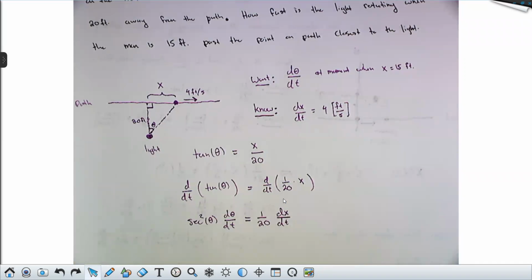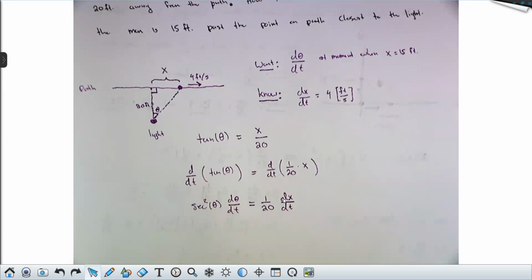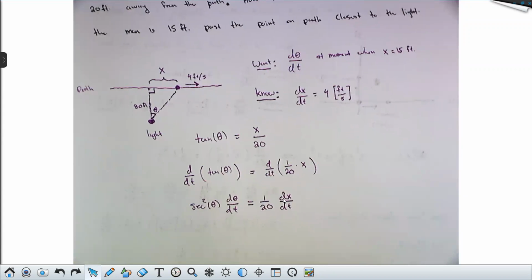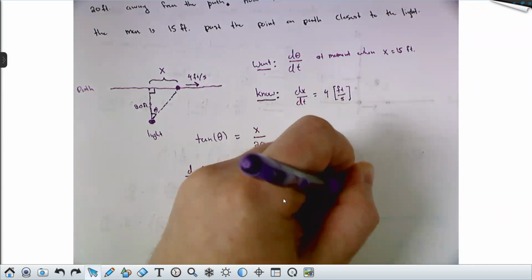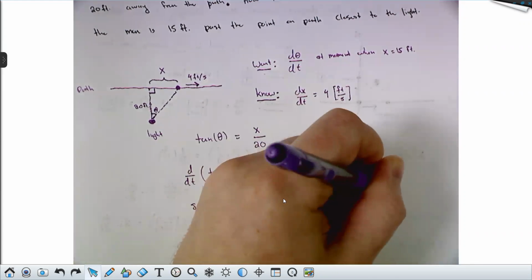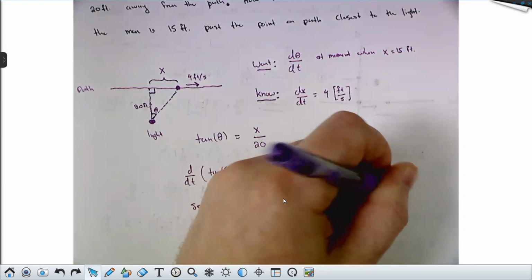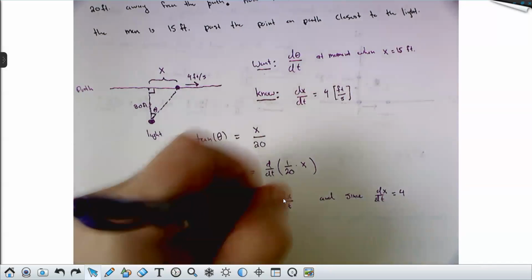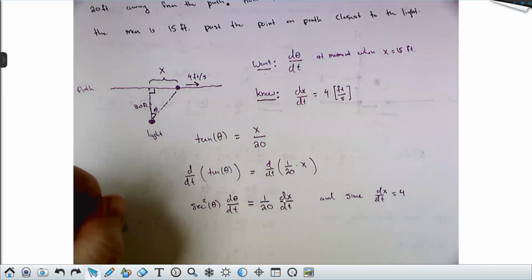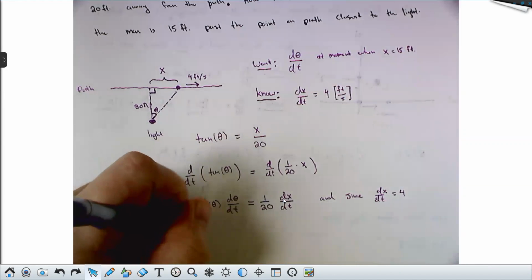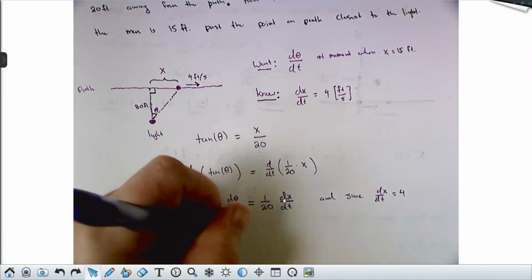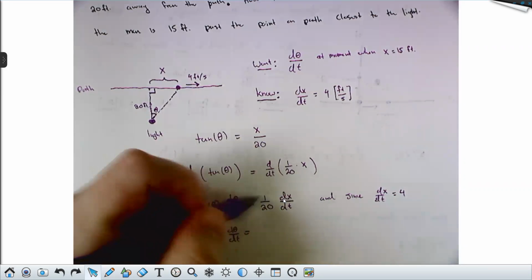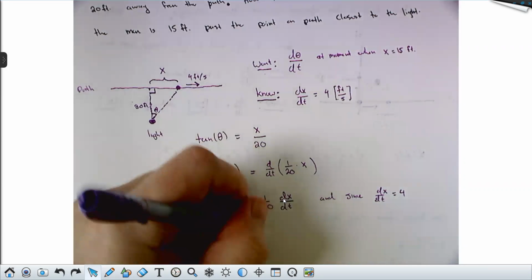And now we plug in what we can. So I know dx dt is 4. We get secant squared theta times d theta dt is equal to 1/20th times 4, which is 1/5.